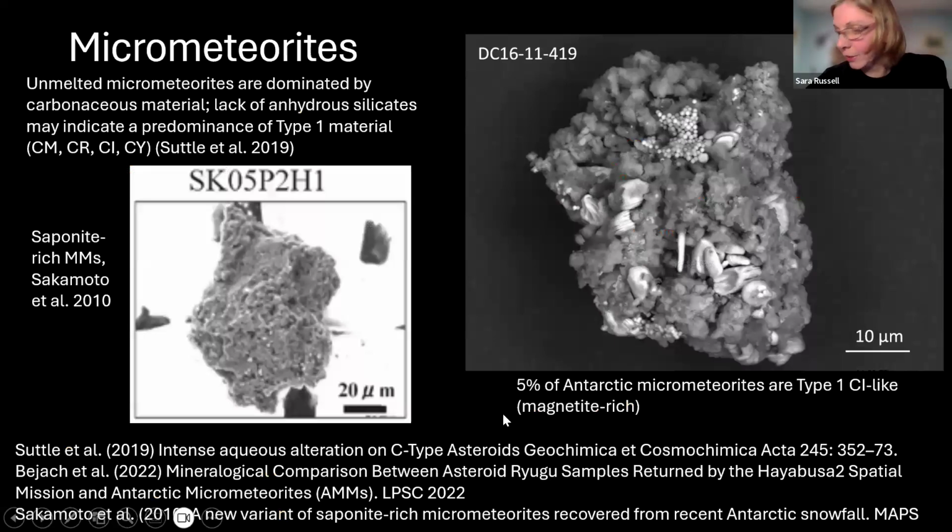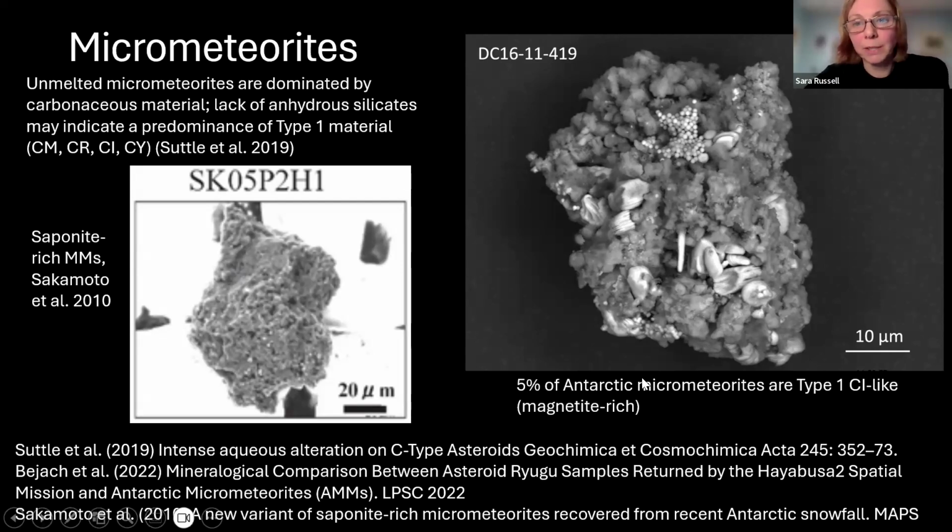Okay, micrometeorites. Unmelted micrometeorites are dominated by carbonaceous material, and they rarely contain anhydrous silicates. That suggests they might be type 1, although they're often very, very small. And again, many of these don't have equivalents in our meteorite collections. An example is the saponite-rich micrometeorites reported by Sakamoto.